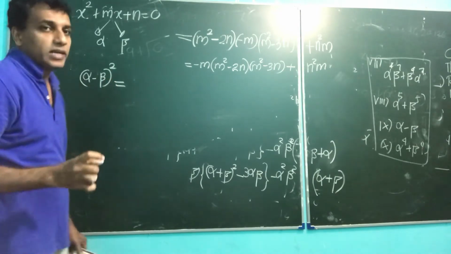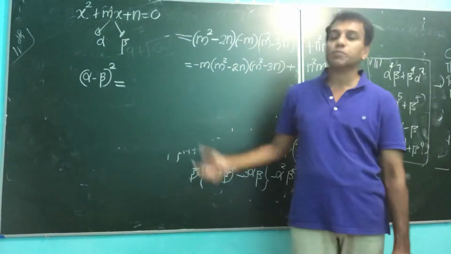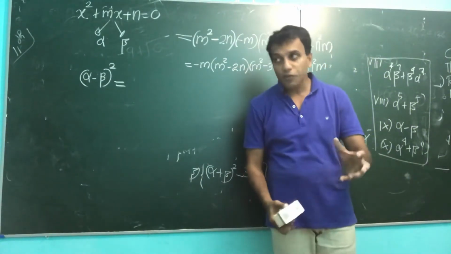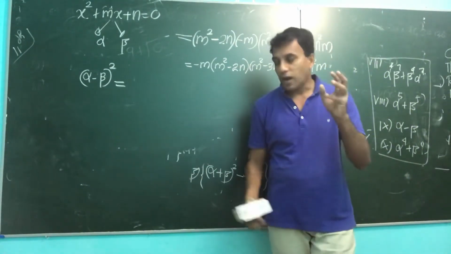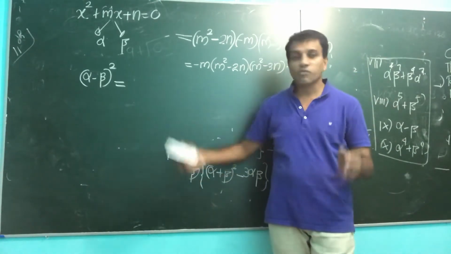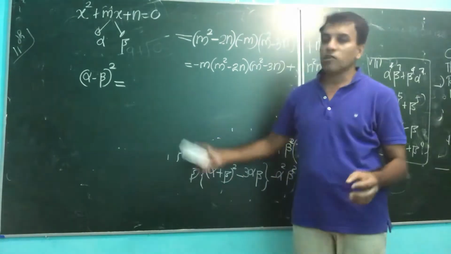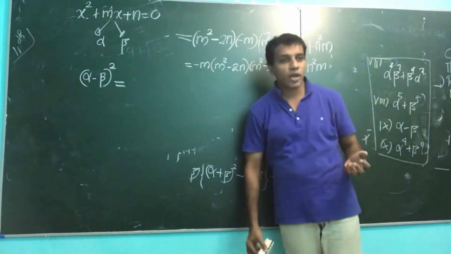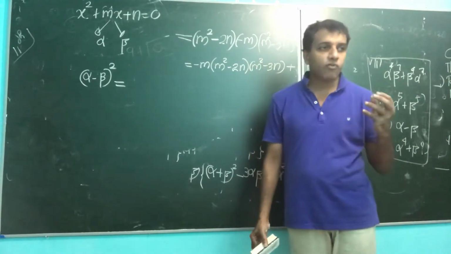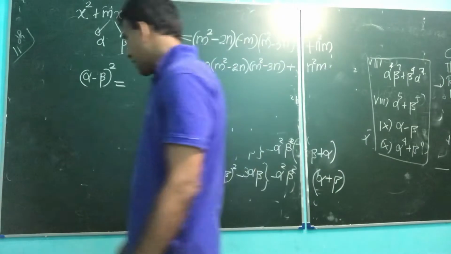You consider the complete square expansion. For example, if alpha minus beta all squared is 100, what is alpha minus beta? Plus or minus 10. If alpha minus beta all squared is 25, alpha minus beta is plus or minus 5. That's the idea, right?